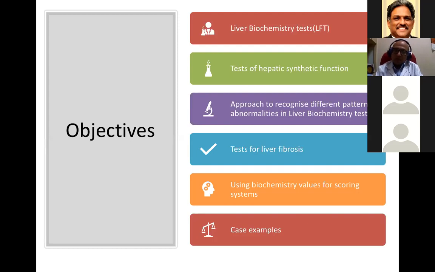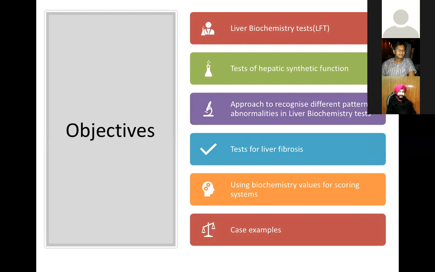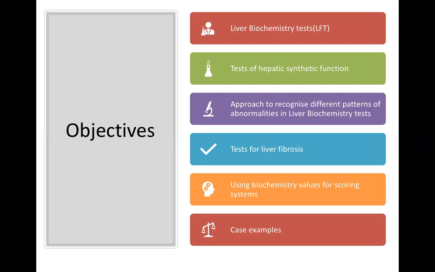And then there are a few concepts of liver fibrosis, which is scarring in the liver. And there are tests now available for detecting early fibrosis, and we'll touch briefly on that. And then a brief mention of scoring systems for prognosticating people with chronic liver disease. And if time permits, I'll show a few case examples which we have encountered in our day-to-day practice.